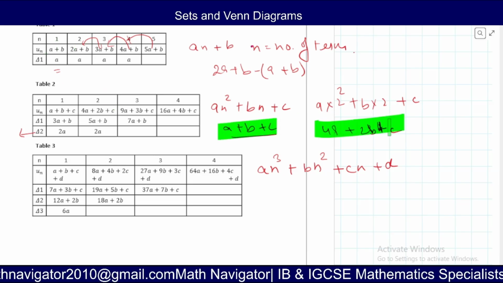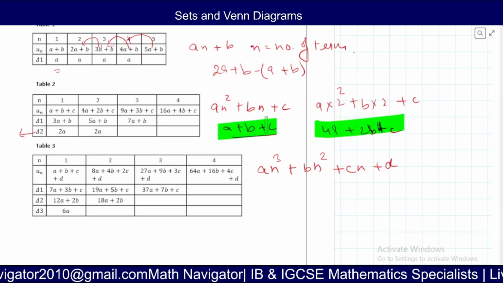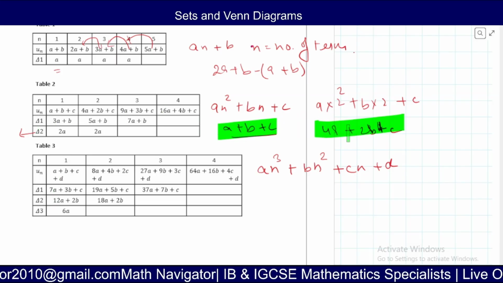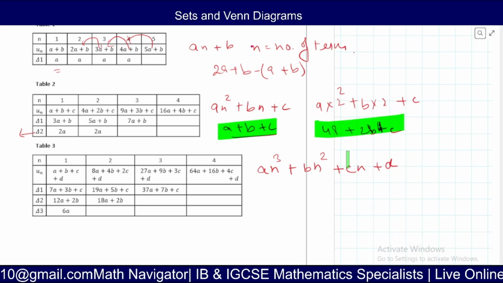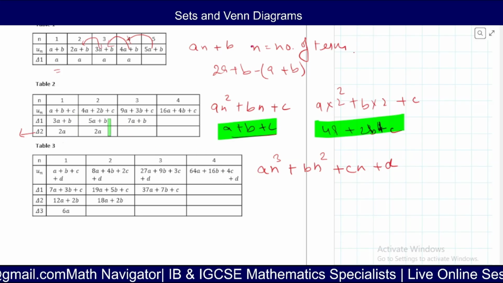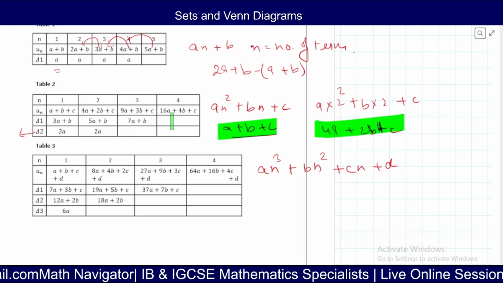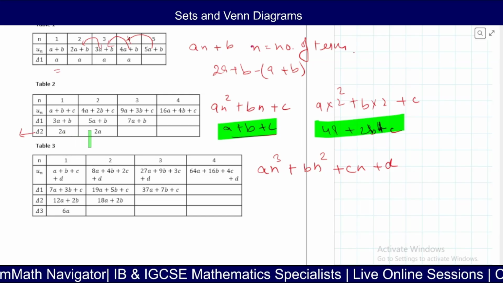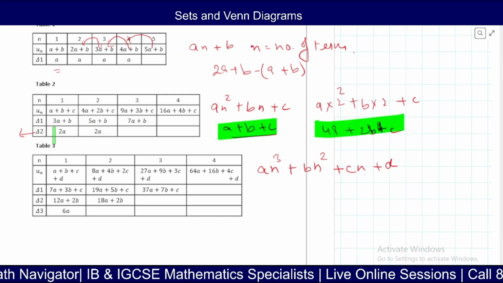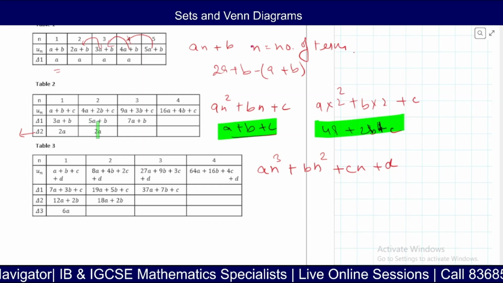If you subtract a plus b plus c from 4a plus 2b plus c, you will get 3a plus b, then 5a plus b, then 7a plus b. Then the second difference becomes constant, because 5a plus b minus 3a plus b is 2a.